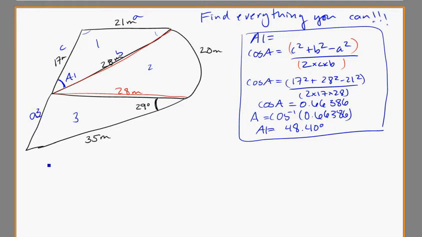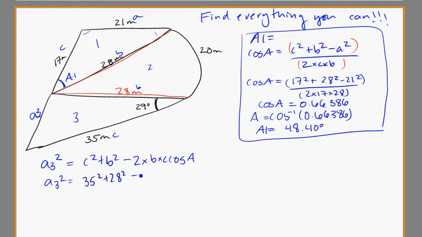So A3. So A3 squared is going to be equal to, using my cos rule, because again I notice I have a side angle side sandwich here: c squared plus b squared minus 2 times b times c times cos A. So A3 squared is going to be equal to, this is A, I'll call that B, I'll call this C. So 35 squared plus 28 squared minus 2 times 35 times 28 times cos of 29 into the calculator.